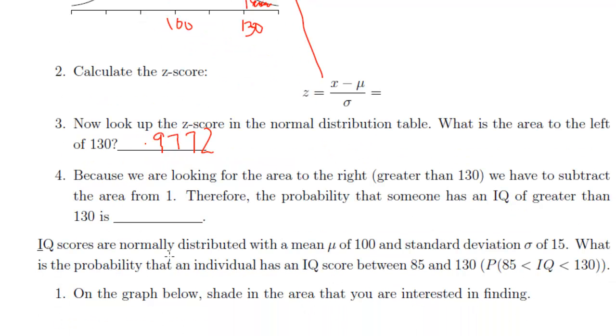And so what I would do is just take 1 minus 0.9772, and that's equal to 0.0228. And that's my final answer. Okay, so things to point out would be that if you want the area to the right and you're using the table, you need to subtract from 1.